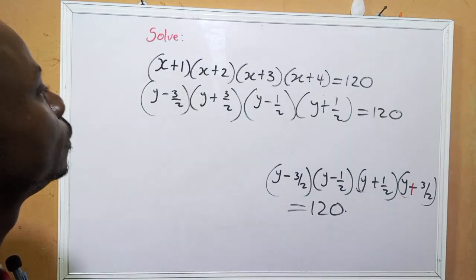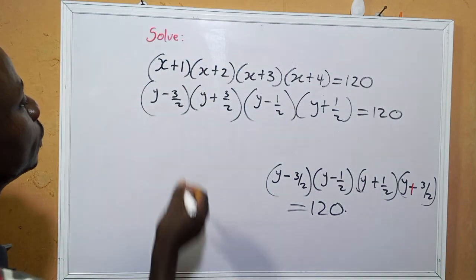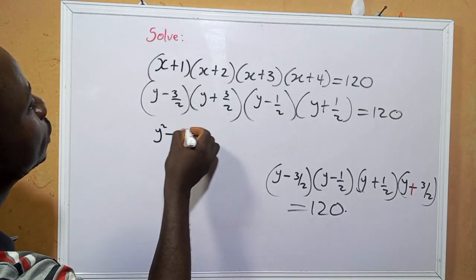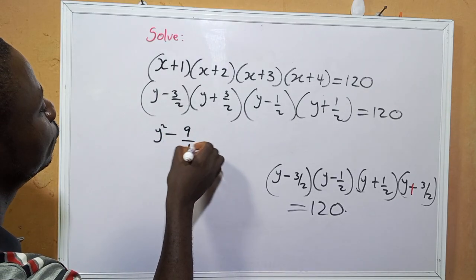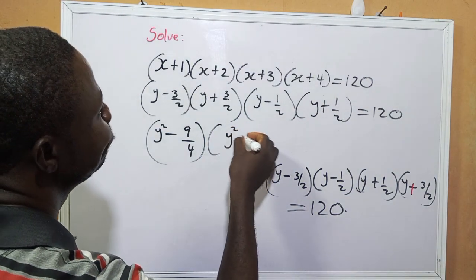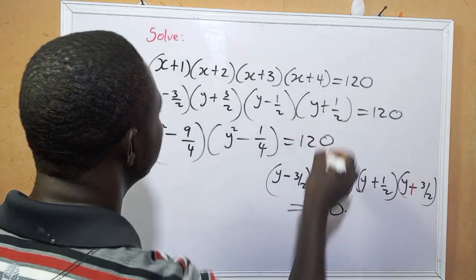Did you see that now? So here we introduce what is called difference of two squares. That is y squared minus 9 over 4 and y squared minus 1 over 4 is equal to 120.